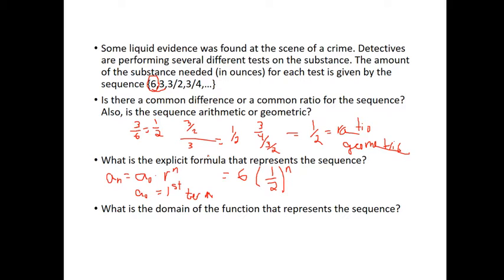So if I'm looking for the domain of this function, the domain of this function is going to be all natural numbers. Usually when you work with sequences, the domain is going to be all natural numbers.